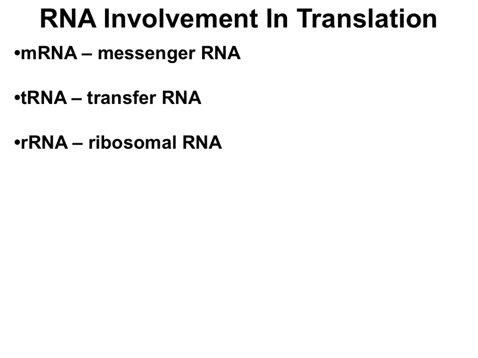Now that we've seen how the code works, I'm going to switch gears here and talk about the molecular machinery of translation. Really, translation is the story of 3 different types of RNA working together to make proteins.